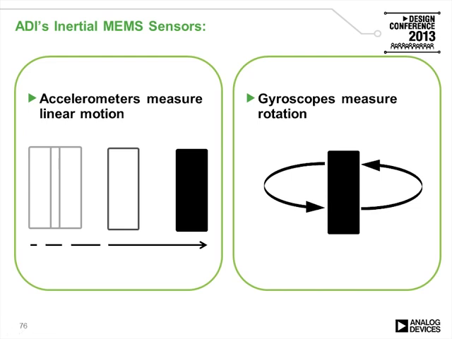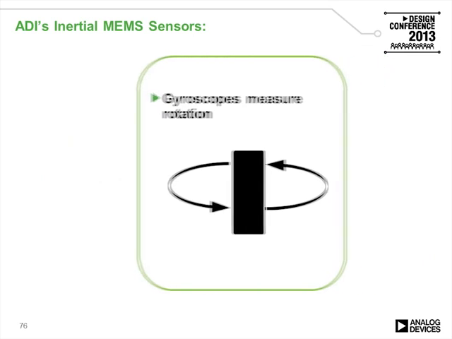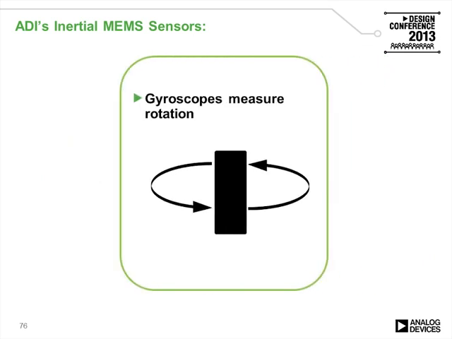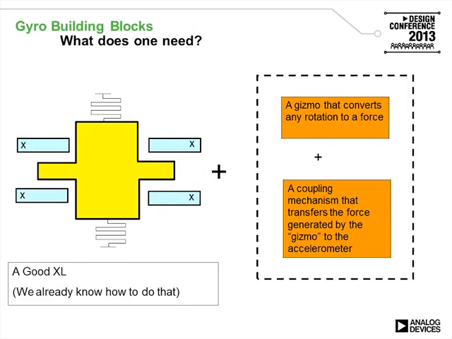Now, in addition to accelerometers, Analog Devices also makes, as we mentioned, gyroscopes. Gyroscopes measure rate of rotation, and measuring rate of rotation turns out to be slightly more complicated than measuring acceleration. So how do we make a gyro?